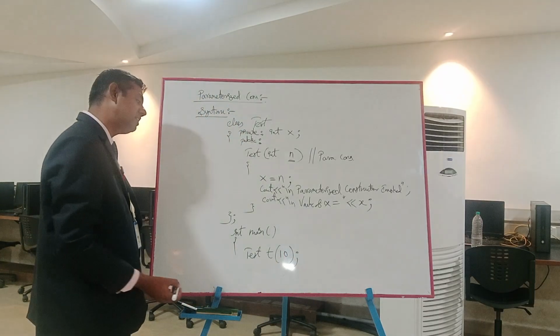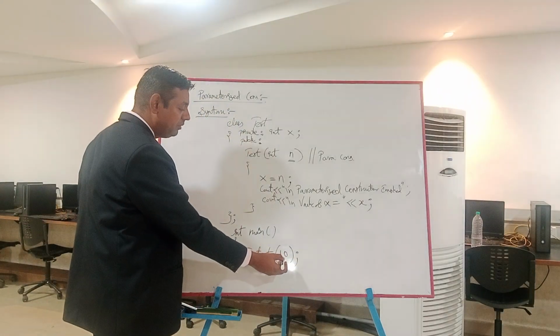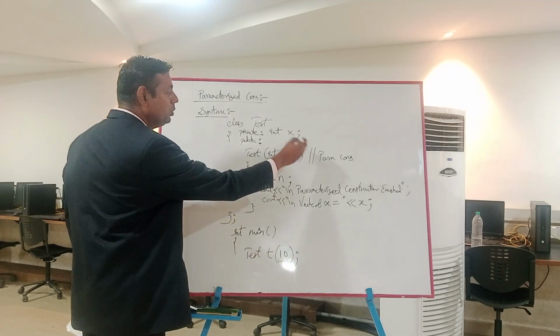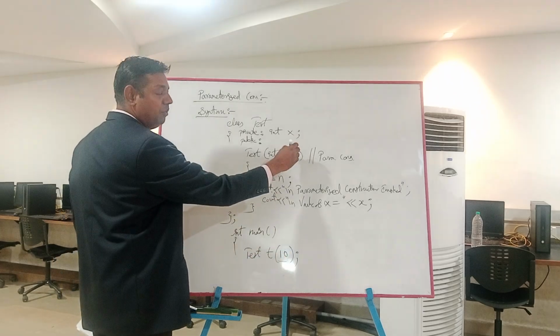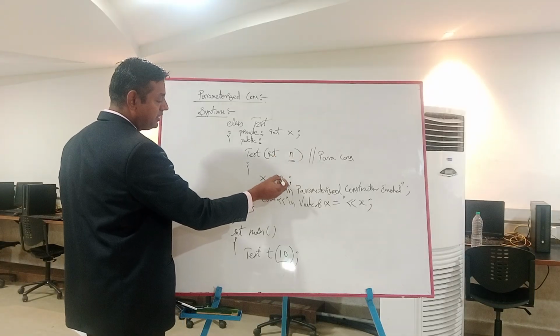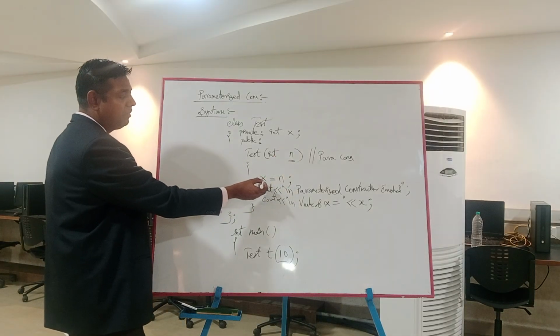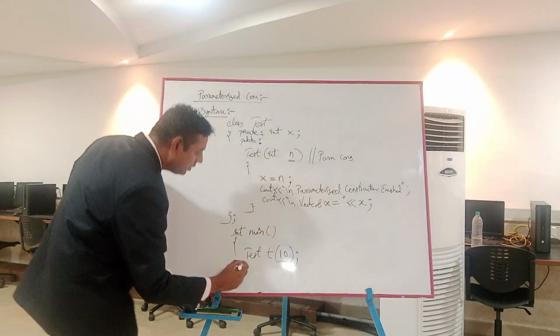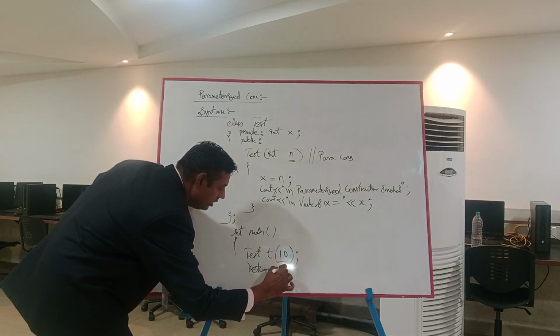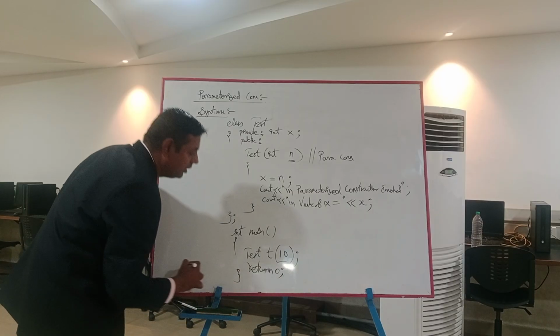So test t, and within brackets if I give 10, this 10 value will be passed to the variable n. Now n will be 10, and that value is assigned to x, so the value of x will be equal to 10. Then I simply give return 0 and close the main function.